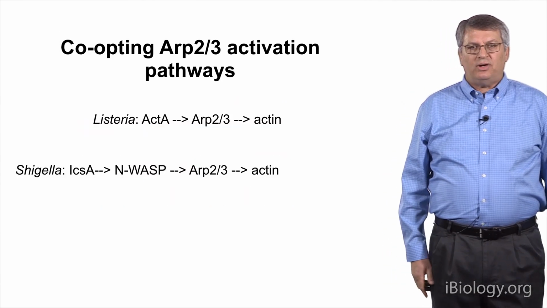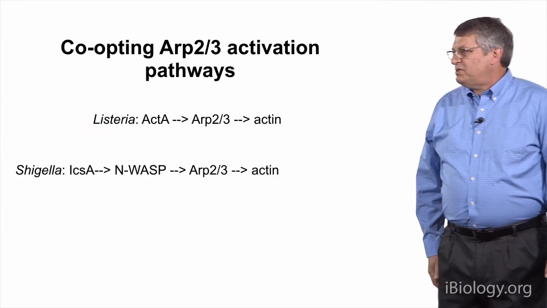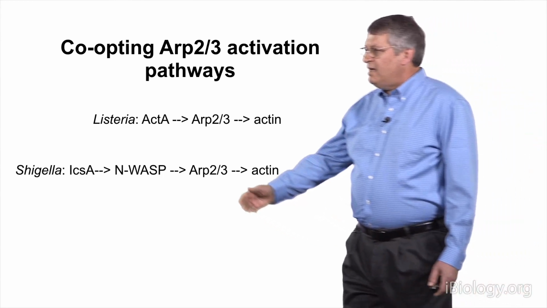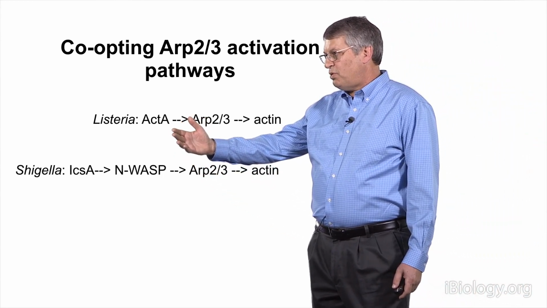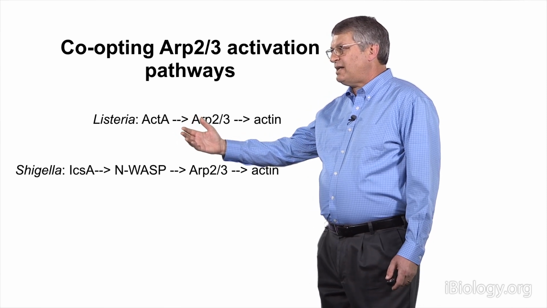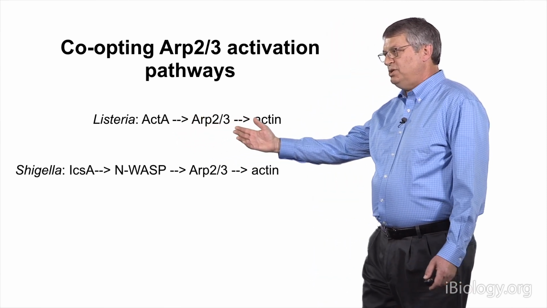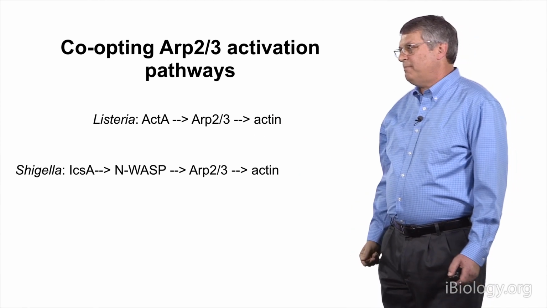Okay, back to Listeria. So what's really interesting then is that the bacterial pathogen Listeria monocytogenes makes its own protein called ActA, and that activates the ARP2/3 complex to nucleate actin assembly.